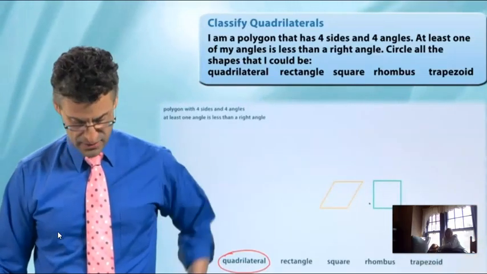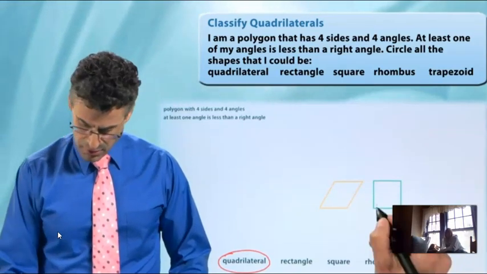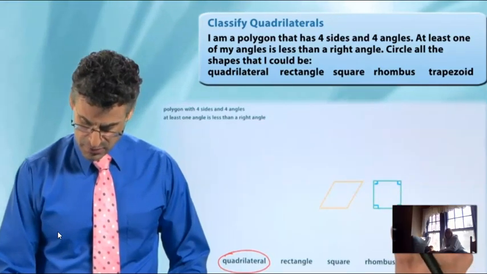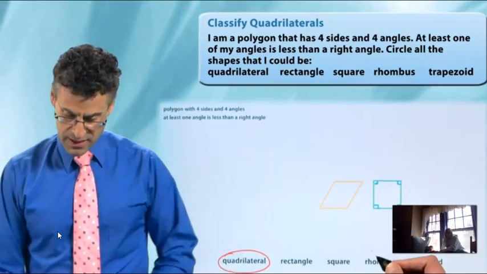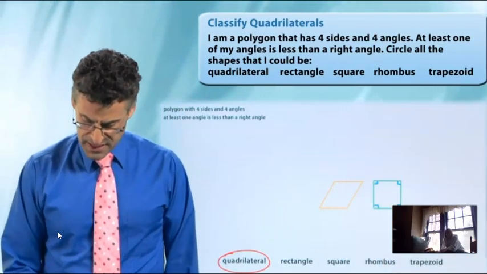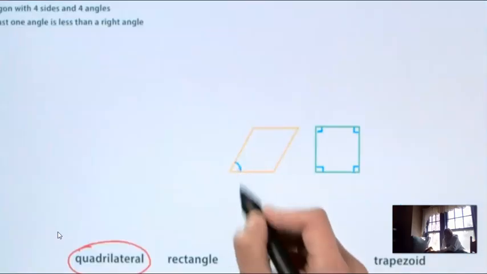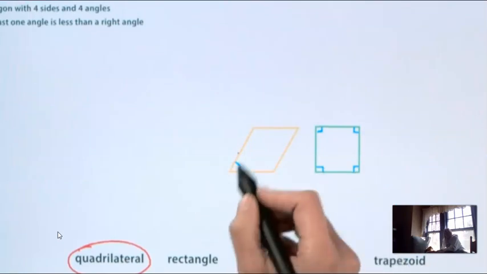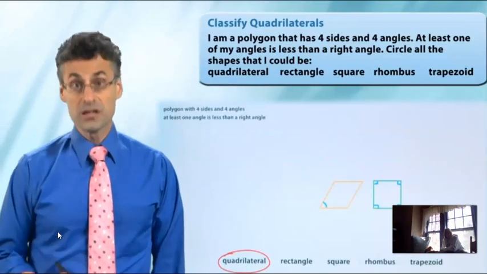Now notice that with a square, we've already said that every single angle is a right angle. So we know that with a square, all of these angles are right angles. So in fact, we know that a square will never have at least one angle less than a right angle. But check it out. This particular rhombus does have an angle that actually looks like it's smaller than a right angle.